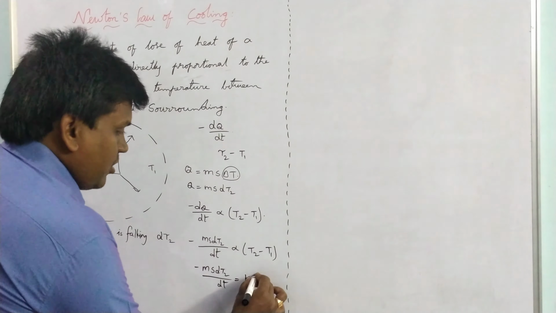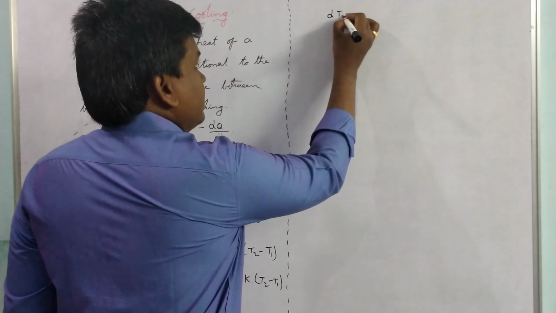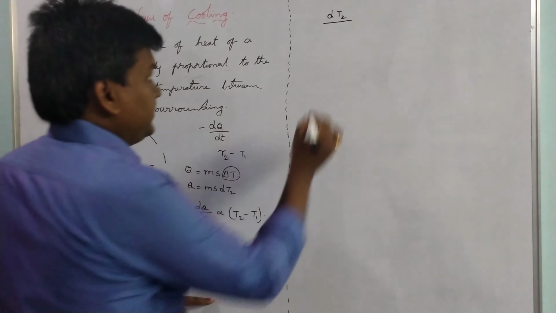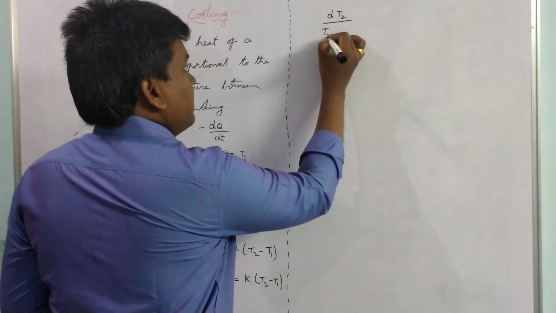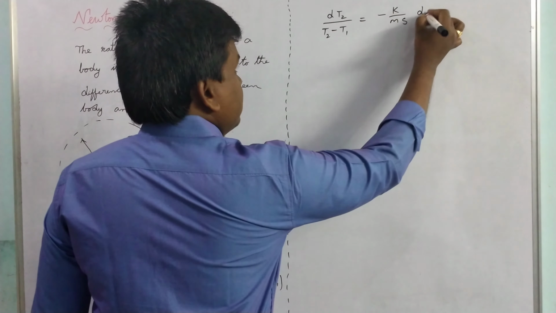Now what we have to do is take all the temperature terms to one side and time to the other side. By doing that, we will get dT2 upon T2 minus T1 is equal to minus k by m s into dt.